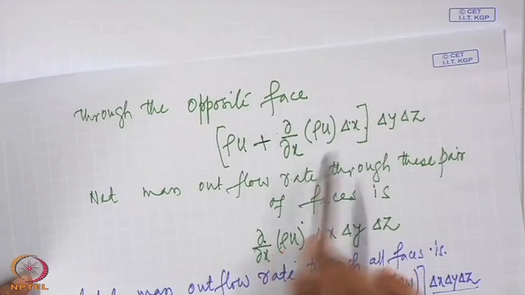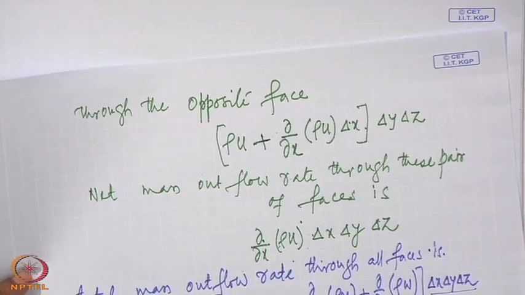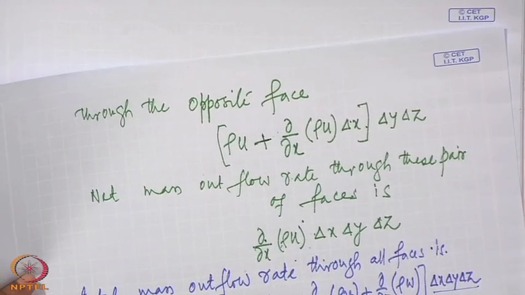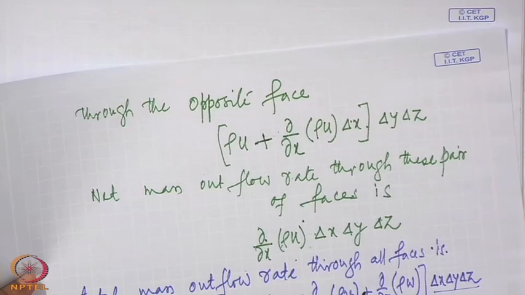Now, we will use it with a general type of volume, not a cuboid type of volume. Look at this term. See, in each case, how did we get the mass inflow or mass outflow rate? Mass inflow or outflow is also a vector.